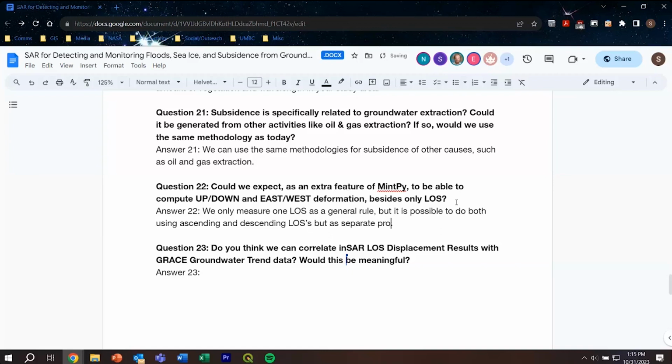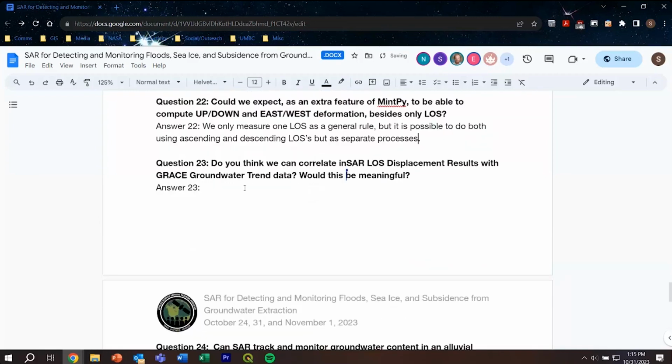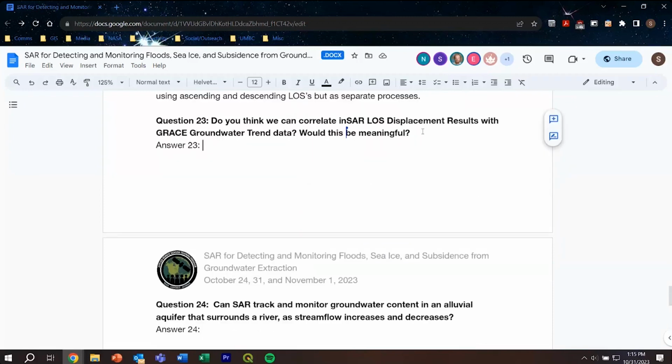Question 23. Do you think that we can correlate InSAR line of sight displacement results with GRACE groundwater trend data? Would this be meaningful? Yes, people have thought about ways to do this. The big difference is the spatial scale.